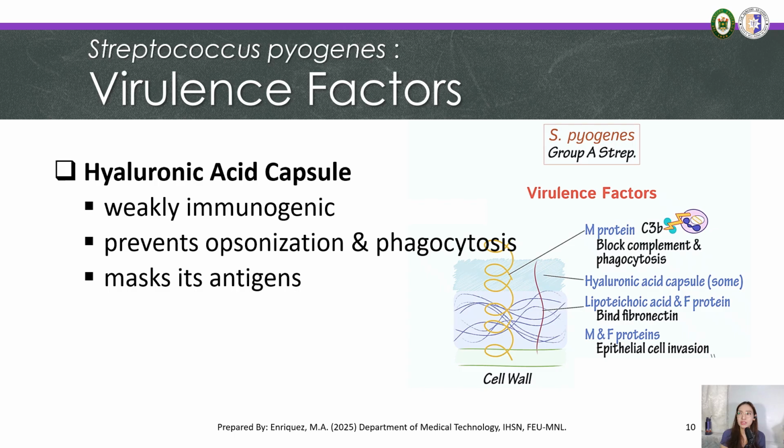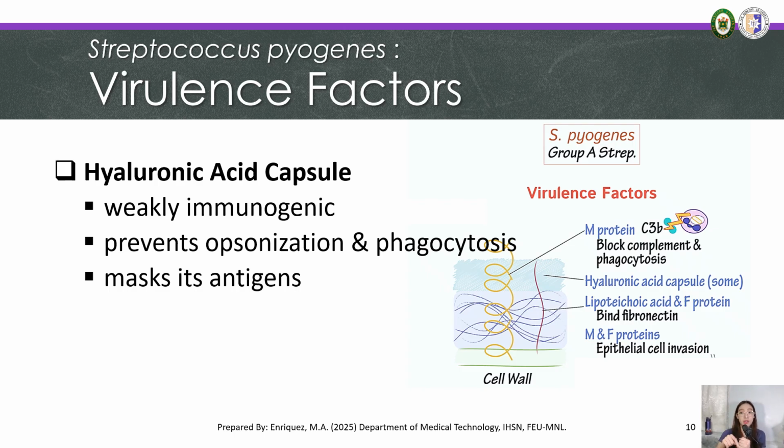system natin, 'di ba? Because if you would remember the basic steps of phagocytosis, what's the first step in phagocytosis? Opsonization, 'di ba po? Yung mga antigens sa surface ng bacterial cell kailangan magbabind doon yung mga antibodies that has been produced by our immune system.